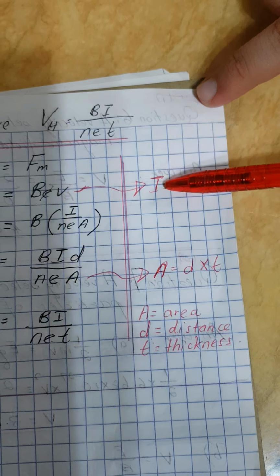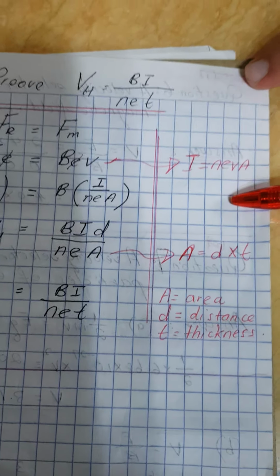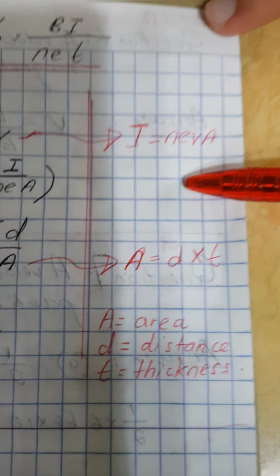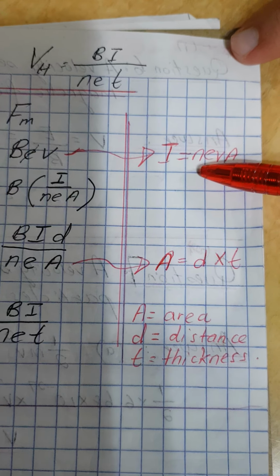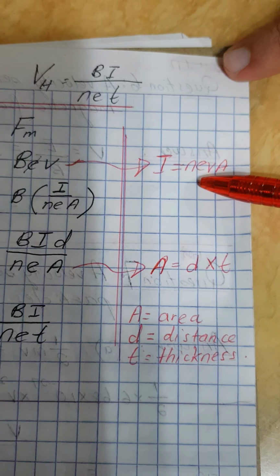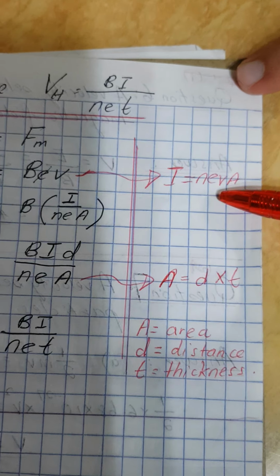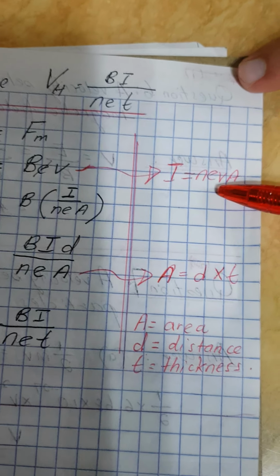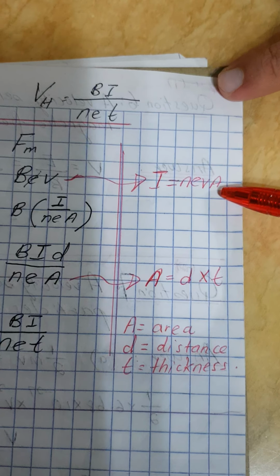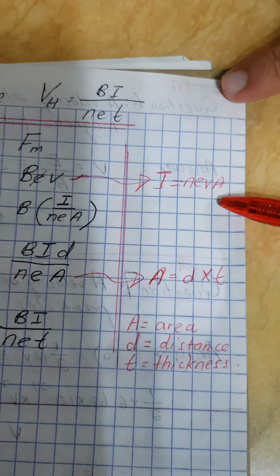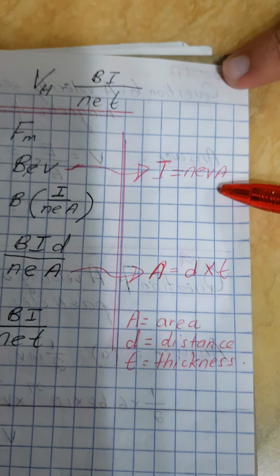What is I? I is current. Do you remember you learned this formula? I equals NEVA. N is again the number of charge carriers, E is the charge of one electron, V is your drift velocity, and A is your cross-sectional area.